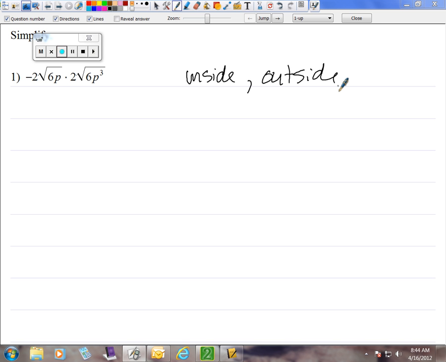So the first step to this would just be multiply. What do we get here? We multiply the outsides, -4, square root, and what are we going to get on the inside? 36 p to the 4th. No. Like anything we do, you have to simplify. So guess why we learned to simplify last week?